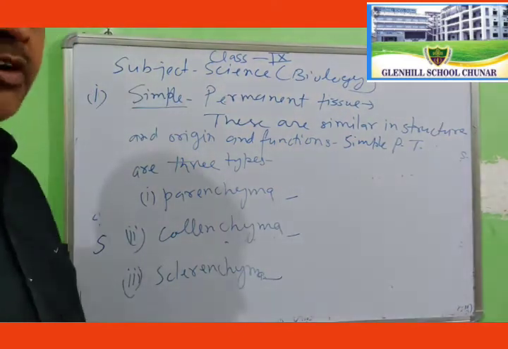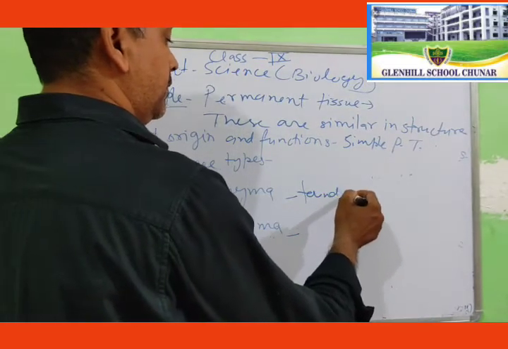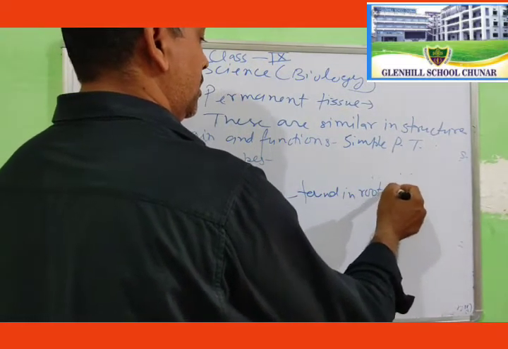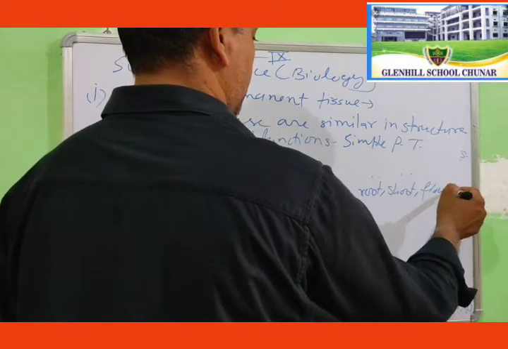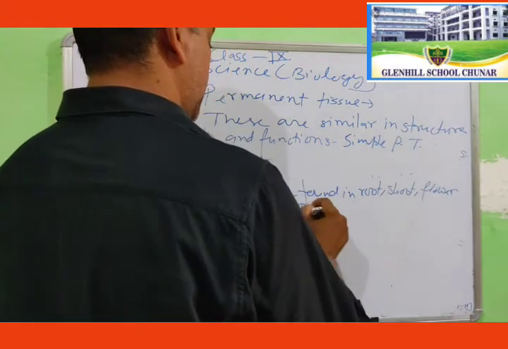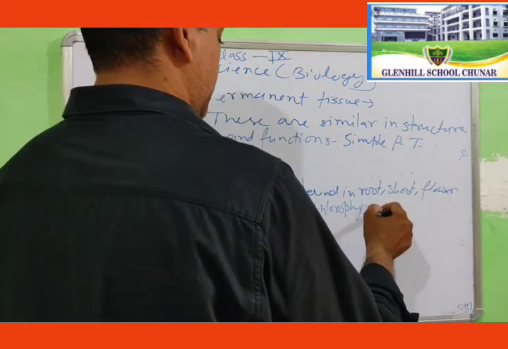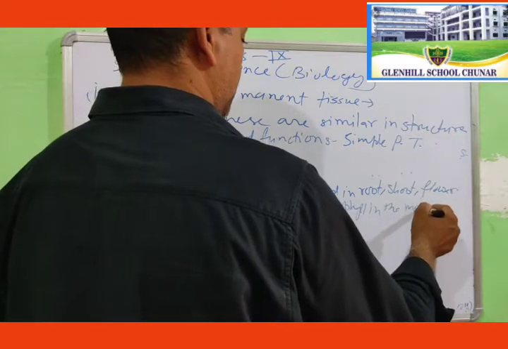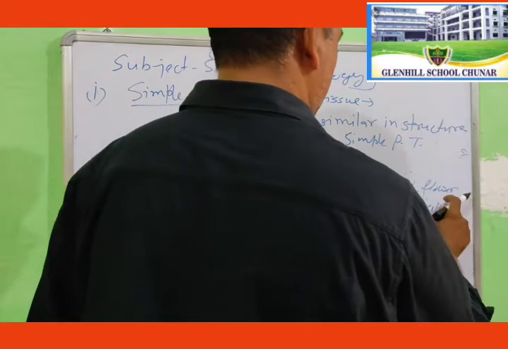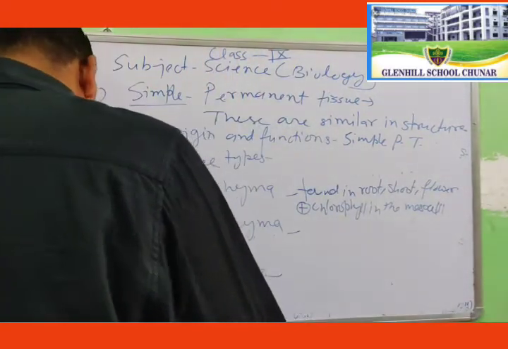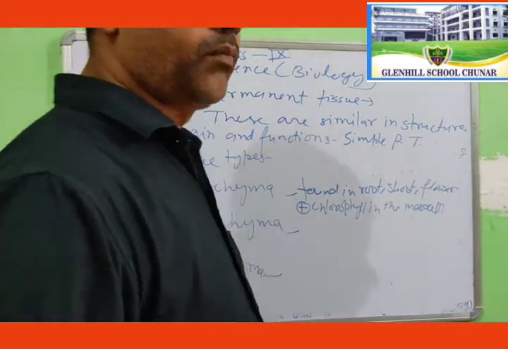it is generally found in the root, shoot, and flower. Chlorophyll is present in the mesophyll, which is found in the leaf.